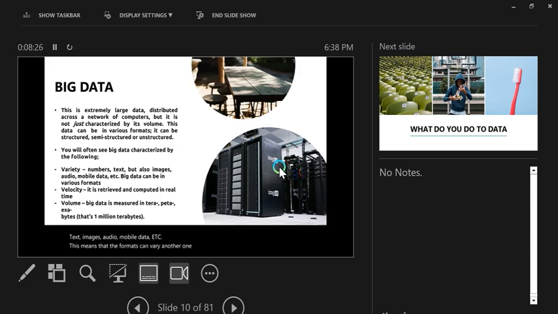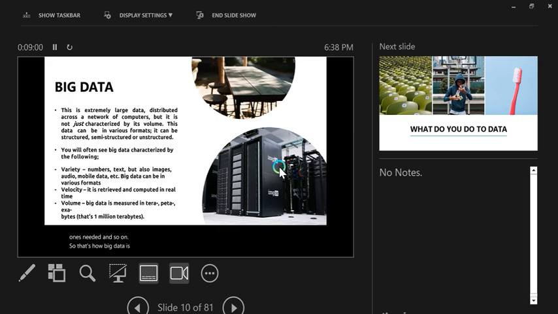Velocity is mostly related to speed. This big data is retrieved and computed in real time. For instance, if I'm your friend on Facebook or Instagram and you post something even right now and I'm online, I'm able to get it in real time. Maybe you have updated your status in the last 1 minute. That's how big data is transmitted.